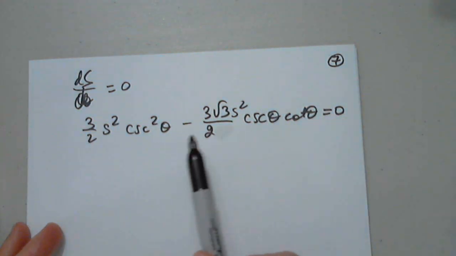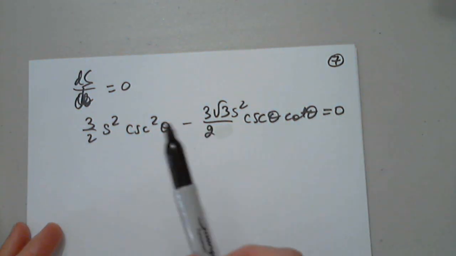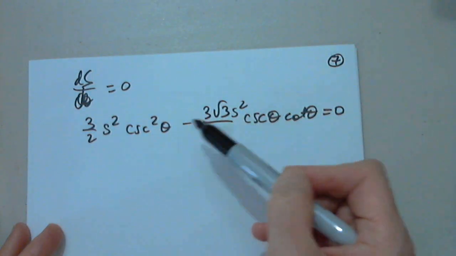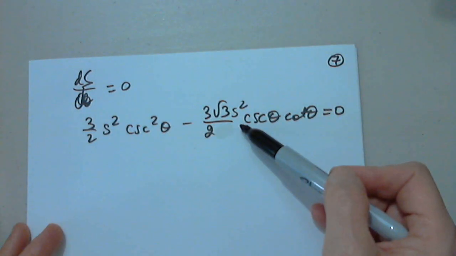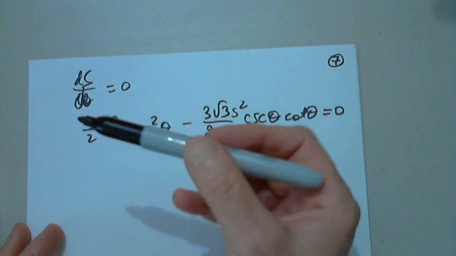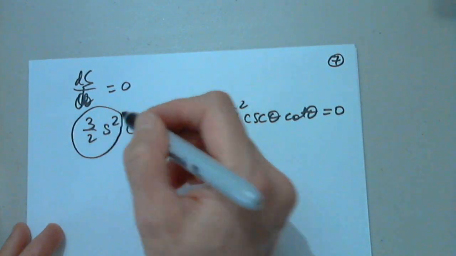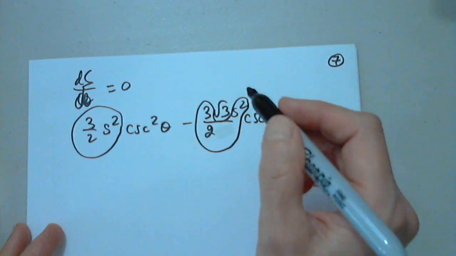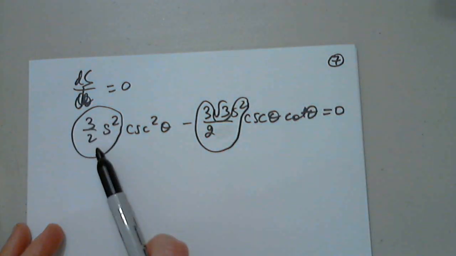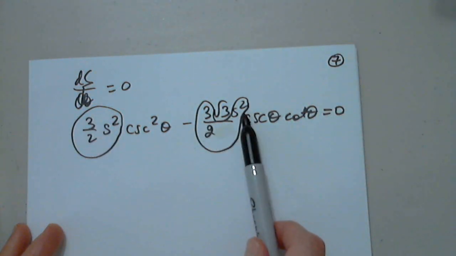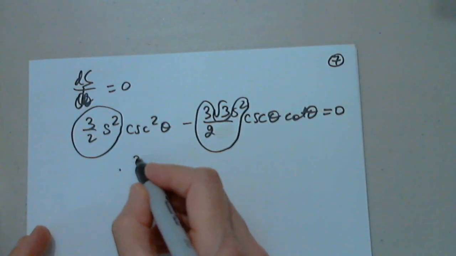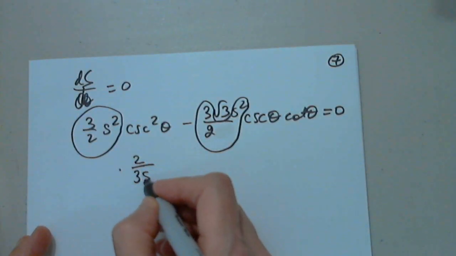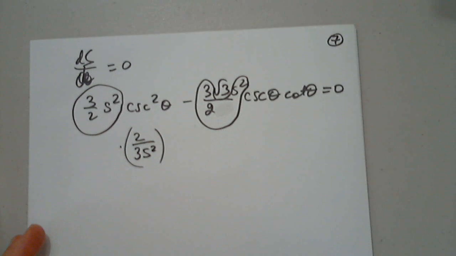Now, obviously, I will have to factor out the cosecant, and I definitely have to divide both sides by s squared. And I will divide actually both sides by this. So 3 over 2 s squared and 3 over 2 s squared. So imagine that we are multiplying by 2/3 over s squared, both sides.